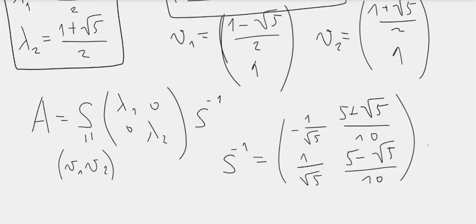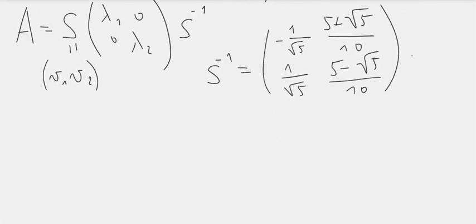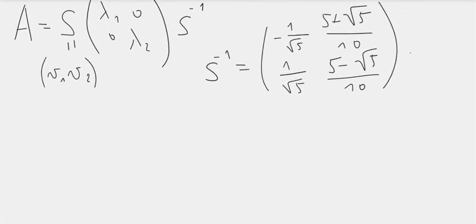Okay, so basically we diagonalized matrix A in this form. We know matrices S and S to the power minus 1, and we know this diagonal matrix.